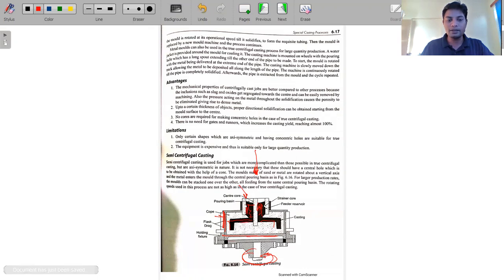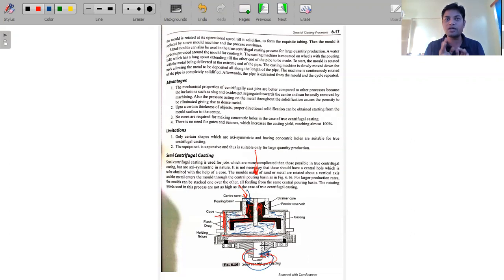This is the sand we are molding with, okay. First we create this type of pattern inside, and then we fill the molten material. While filling the molten material, we are also rotating it.